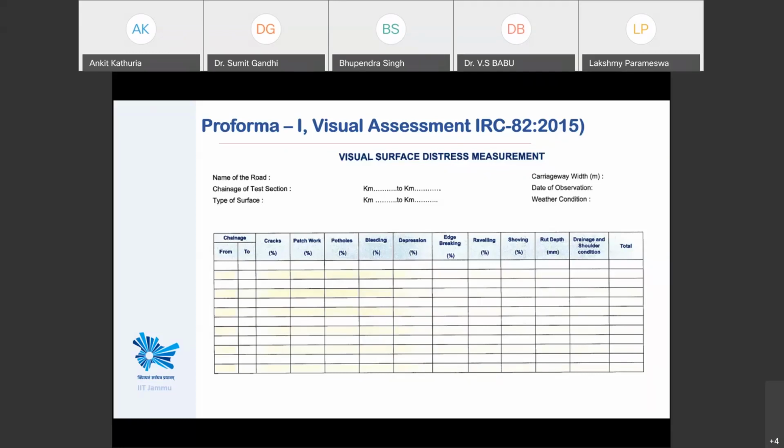All the values are in percentages, but rut depth is in mm. Apart from rut depth, the last column you see here is drainage and shoulder condition, which goes as a remark. To give information as to how the cracks, patchwork, potholes, and other distress conditions actually look, I have put a couple of photographs for the same.